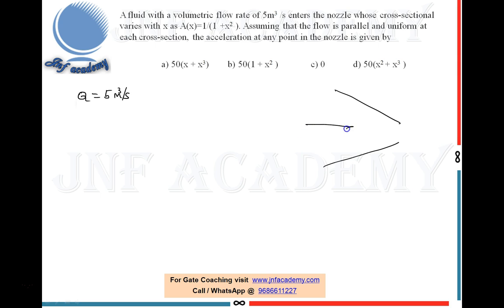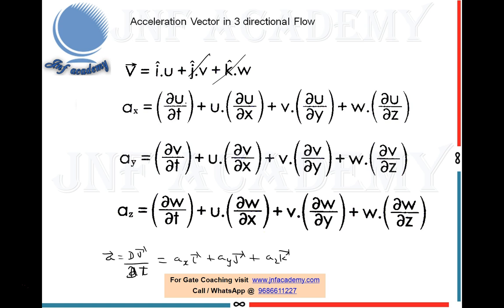The flow might be going like this, but the area here might be more, and as it goes towards the end, the area is going to be less. So this might be the x direction, so it's a nozzle. That's why the cross section is also varying along with x. Now they are asking what is the acceleration at any point in the fluid. We just studied how to calculate the acceleration, right? Using the Eulerian approach, we know that we have to calculate acceleration through this, right?